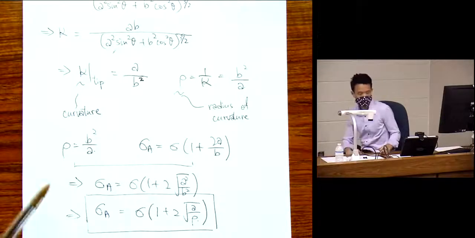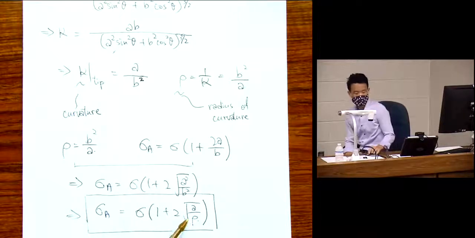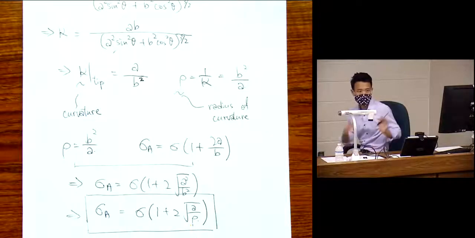The concentrated stress at the tip depends on two things, right? Exactly, it depends on the square root of the crack length, right? So square root A. So it increases with the square root of the crack length. That's the first important result, and it has to be proven to be correct, right?